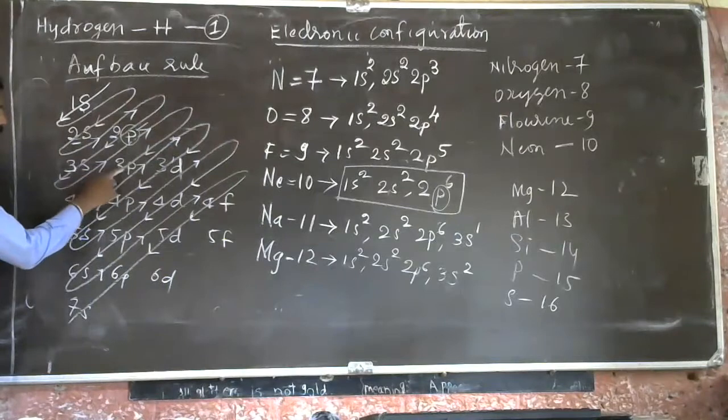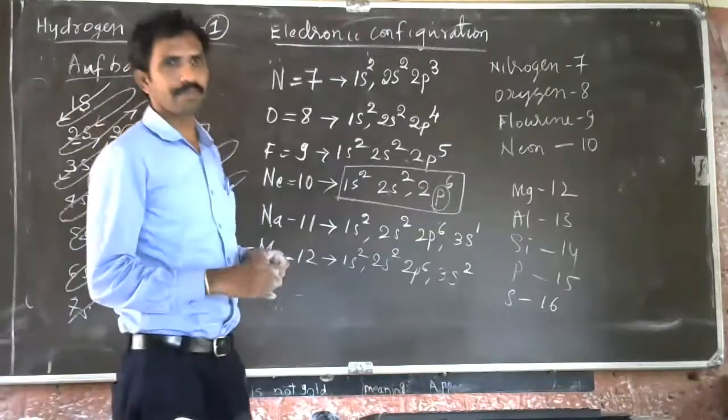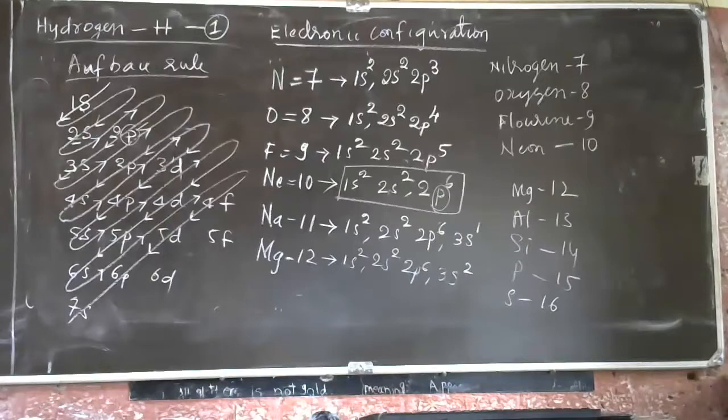After 3s, 3p comes. Then after 3p, 4s comes. Try to follow this.